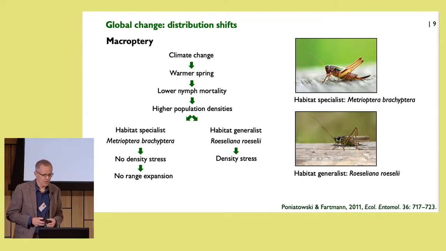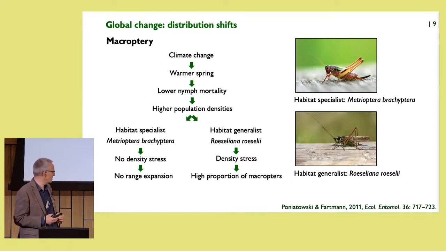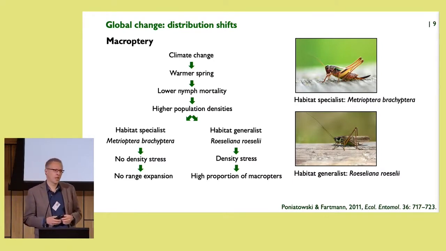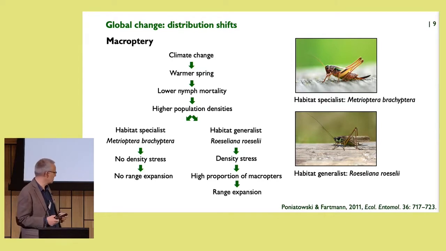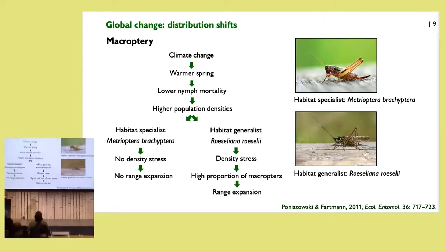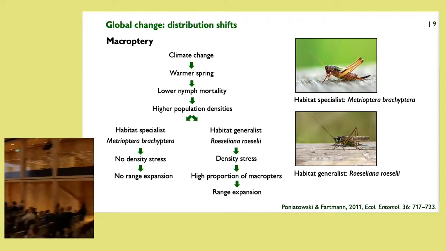In the habitat generalist, Roeseliana roeselii, the densities are naturally much higher, and due to climate change we now have density stress. This results in a high proportion of macropters, and we also showed that these individuals are highly dispersive, and they are responsible for strong range expansion to the north, also to higher elevations.